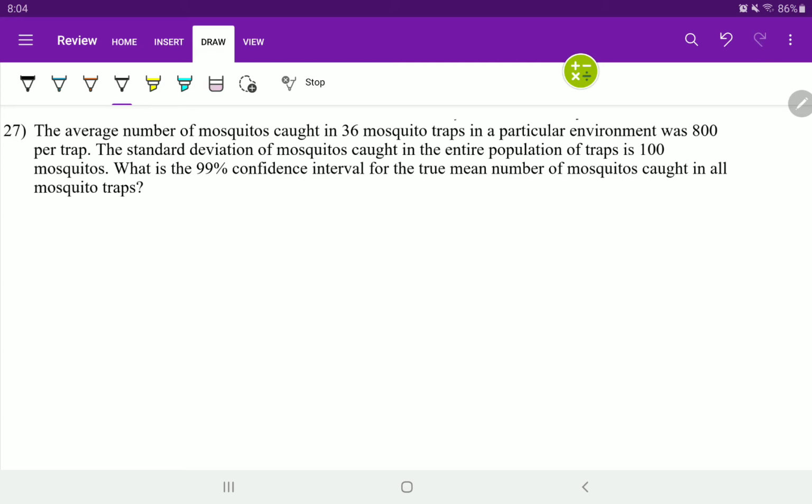Once again, when it comes to the confidence interval, we need to determine if we know our population standard deviation or not. In this case, the standard deviation of mosquitoes caught in the entire population means that we know our population standard deviation. And once again, that is going to be a Z interval.